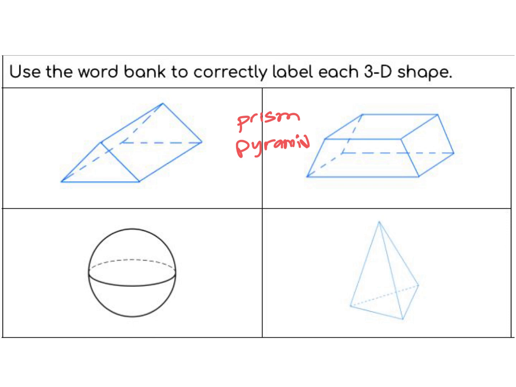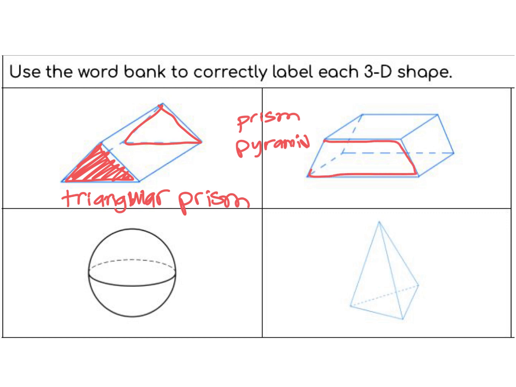On this first one over here, we've got a triangle in the front that's been stretched to this triangle on the back. So the base of this shape is a triangle, and we're going to call it a triangular prism. A prism because it was a shape that was stretched from the front to the back. The second one, again, we've got a trapezoid on the front and the same trapezoid on the back.